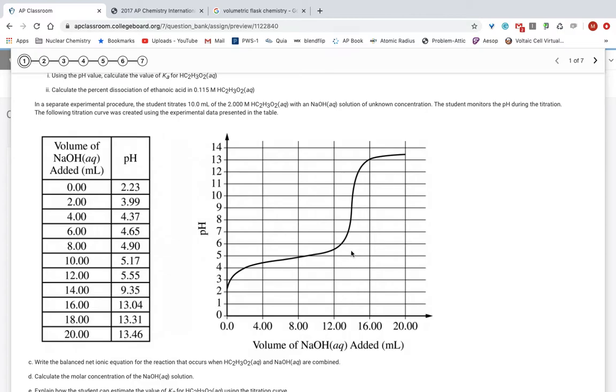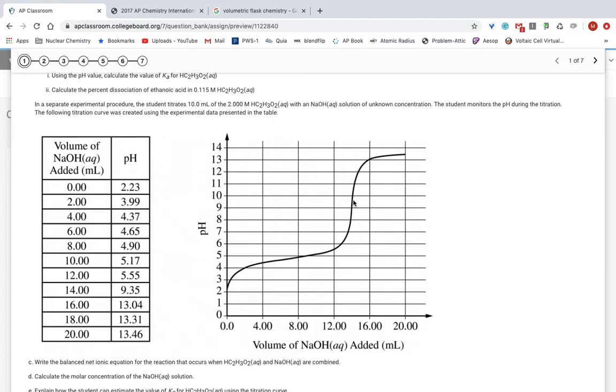The only thing I'm going to tell you about this is right in here where the curve gets flat, up and down, is your equivalence point. That's when you have equal amounts, equal moles, I should say, of NaOH with this. So however many moles this is, 0.01 liters times 2 moles per liter.